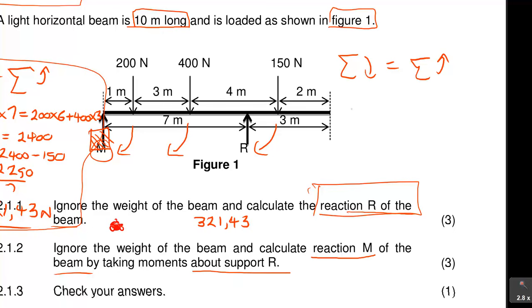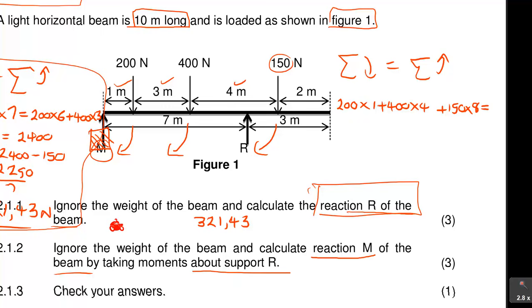So let's look at the clockwise first. We have got the 200 from M times 1, plus we've got the 400. Now again 400 is 3 plus 1, which is 4, plus we have got the 150 there times, now it's 4 plus 3, which is 7, plus 1, which is 8.